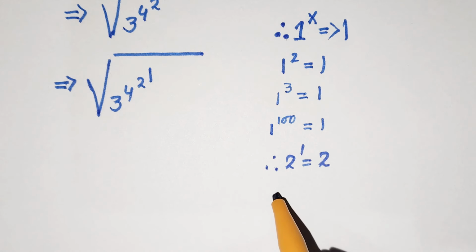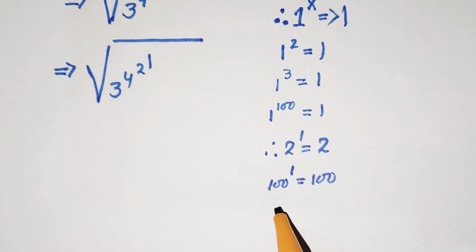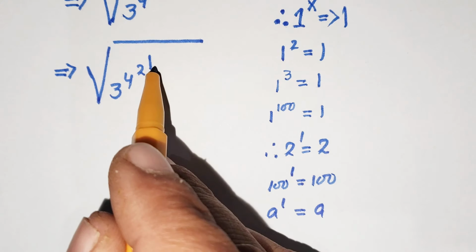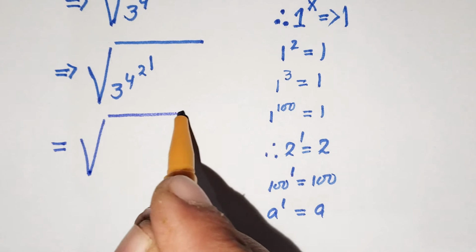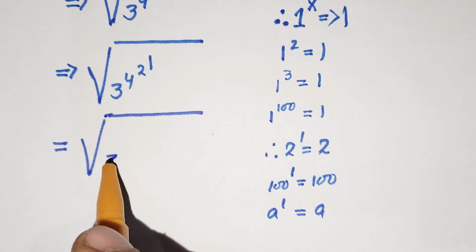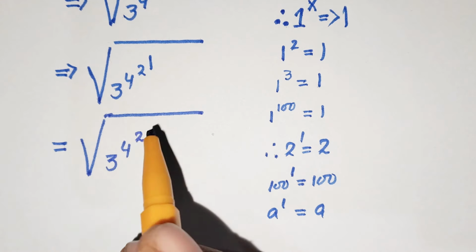For example, 100 with power 1 is equal to 100. Similarly, a with power 1 is equal to a. Here 2 raised to the power 1 is also equal to 2. So square root of 3 raised to the power 4 and 2 raised to the power 1 is equal to 2.